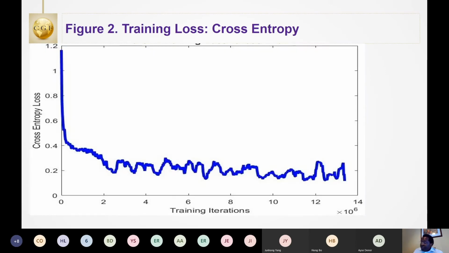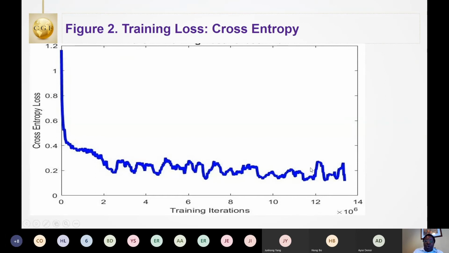But we could also evaluate this in terms of the training loss. As I mentioned, the loss function is the cross entropy. And as you can see on figure 2, the cross entropy loss is high, but as the training iteration increases, this falls dramatically.